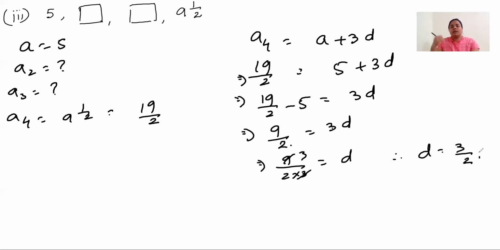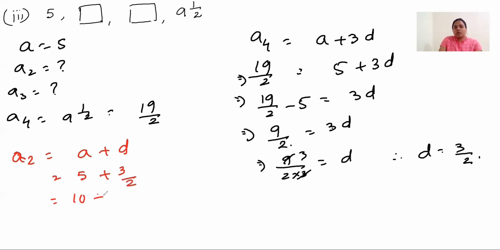Fine. We have A now, we have D now. So we can find A2. A2 will be equal to A plus D. A is 5, D is 3 by 2. This will be equal to 10 plus 3 by 2, that is 13 by 2. I can write this 13 by 2, or I can do it as 6 1 by 2.